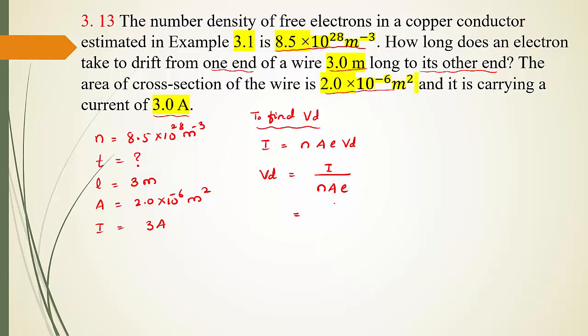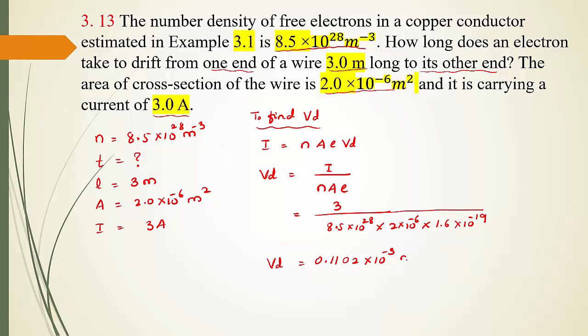I value is given 3 ampere divided by N value is given 8.5 into 10 raised to 28 into area of cross section 2 into 10 raised to minus 6 into E value is how much? Charge of the electron 1.6 into 10 raised to minus 19. Substitute all the values. So after calculating we will get the final answer 0.1102 into 10 raised to minus 3 meter per second because this is a velocity, drift velocity. Yes, how much we got?